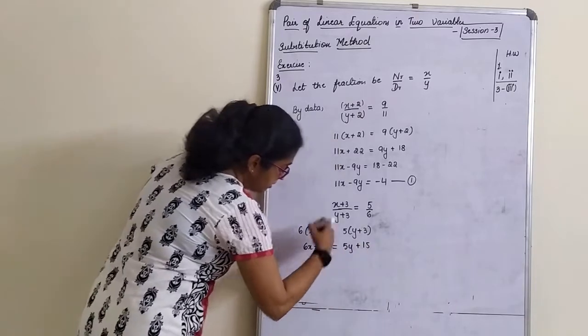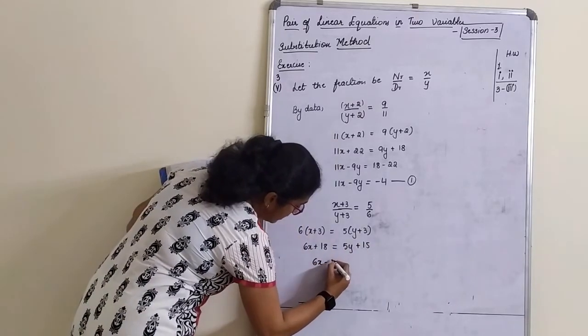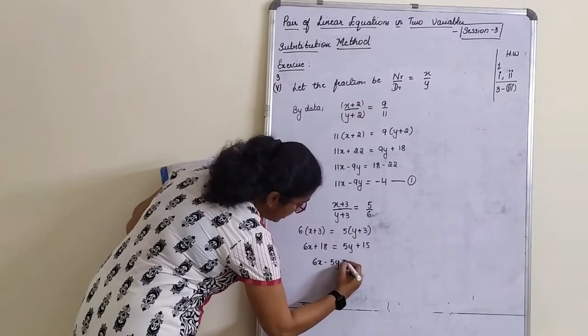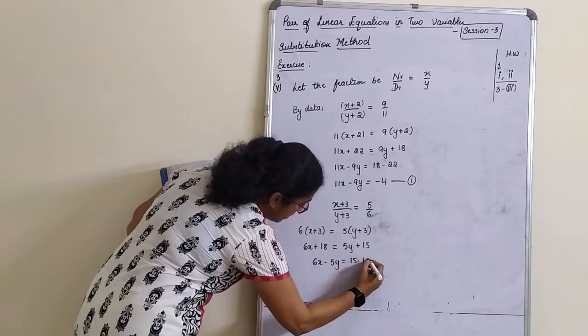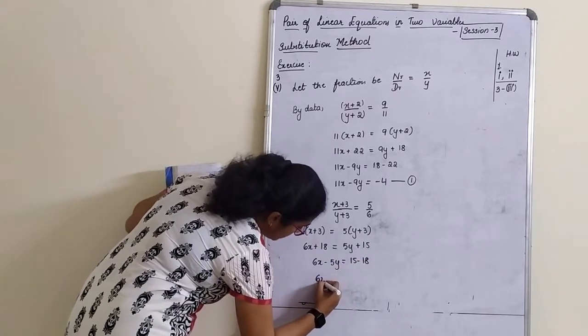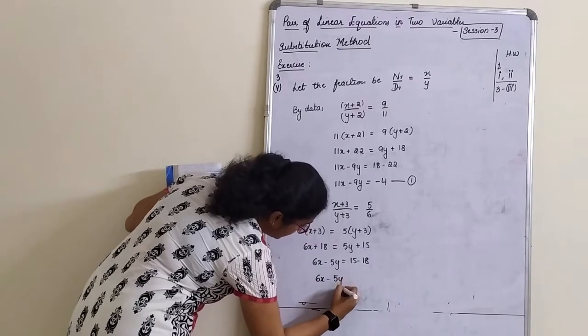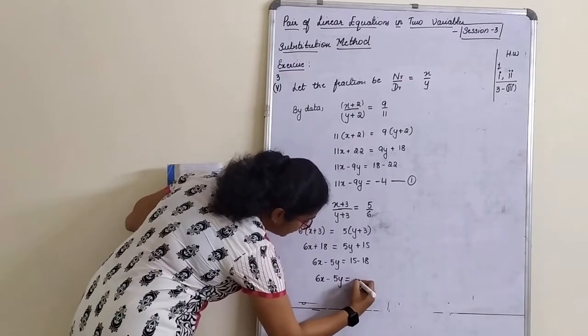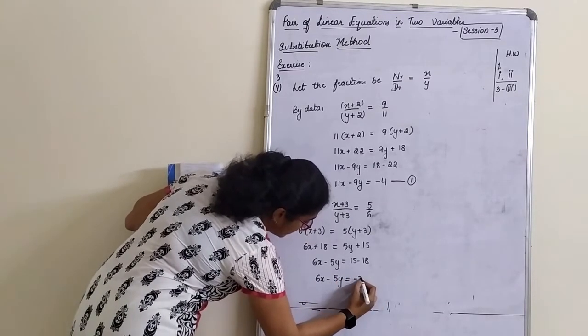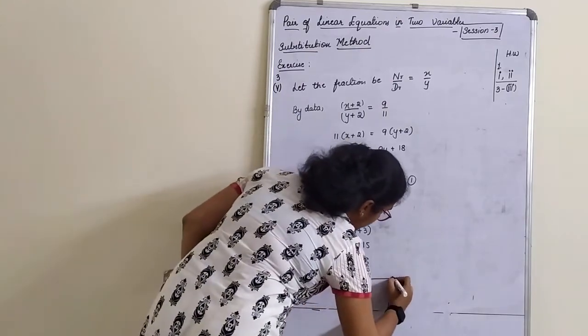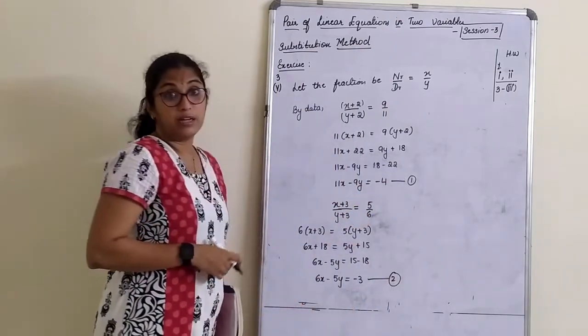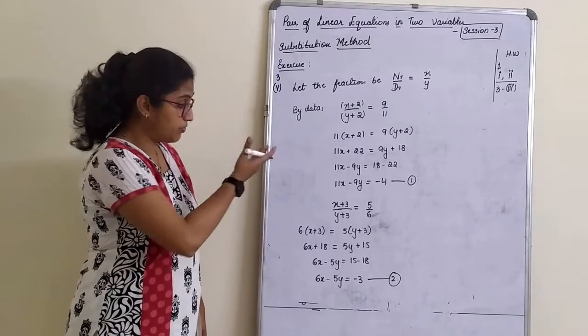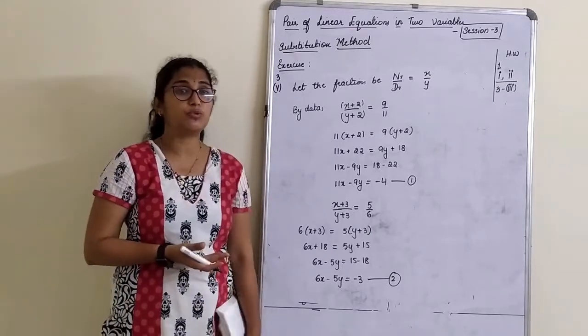Transpose this side: 6x minus 5y is equal to 15 minus 18. 6x minus 5y is equal to 15 minus 18, which is minus 3. Equation 2.